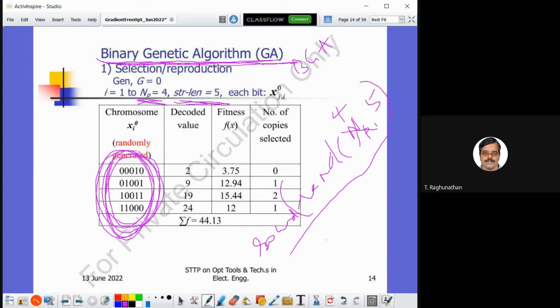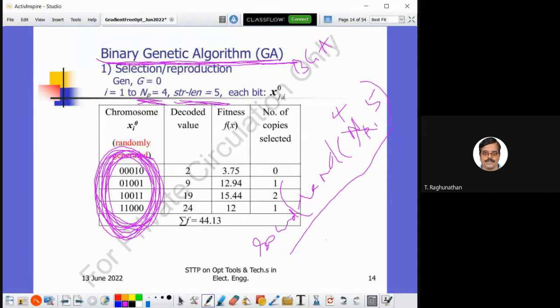So we have produced the population, and next, what is the use of this population? These are trial solutions. The next thing we want to know is whether any of these minimize the function that we have.